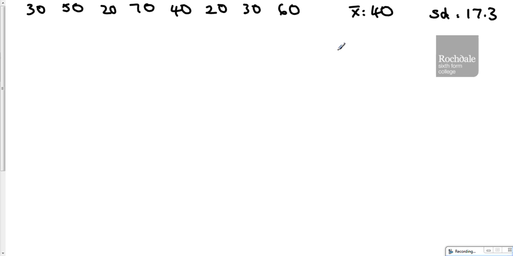Now, the idea of coding is to make the data easier to work with. So above example 13, we divided through by 10. That makes this data much easier to deal with. And we worked out there that the mean came out to be 4, and the standard deviation worked out to be 1.73.